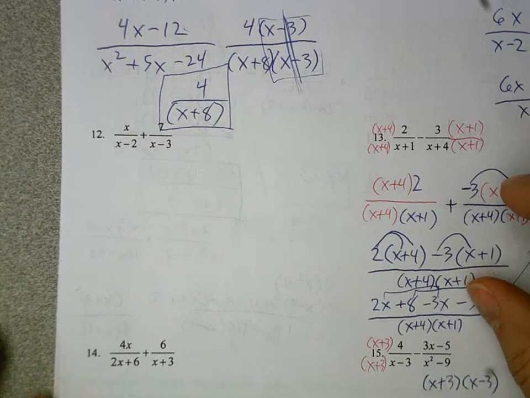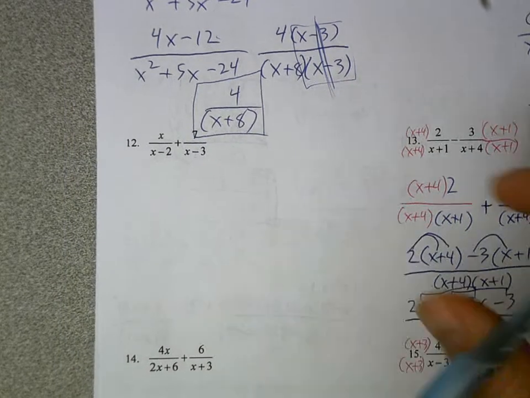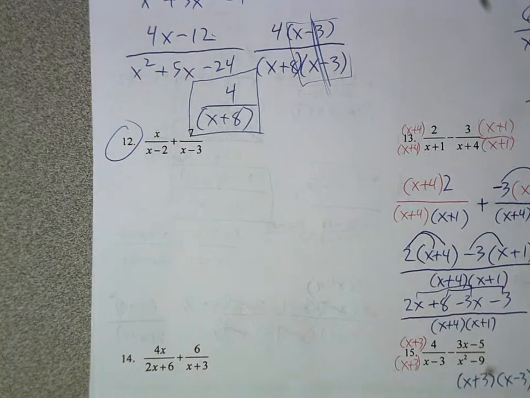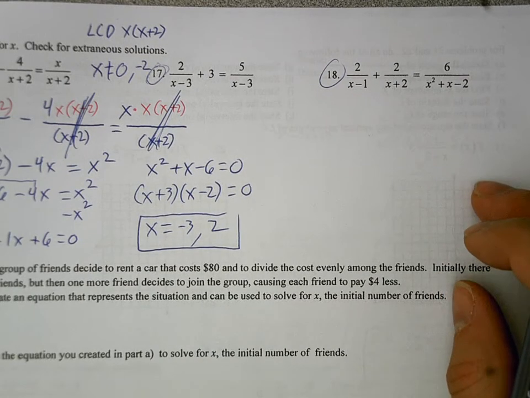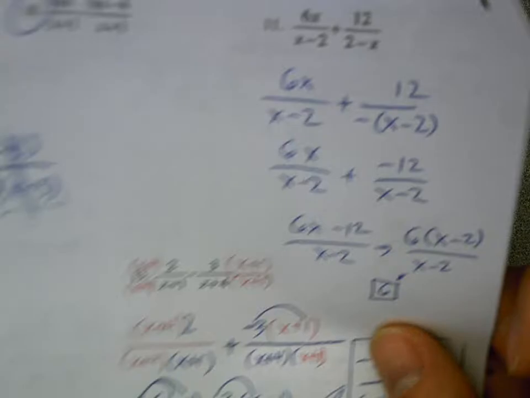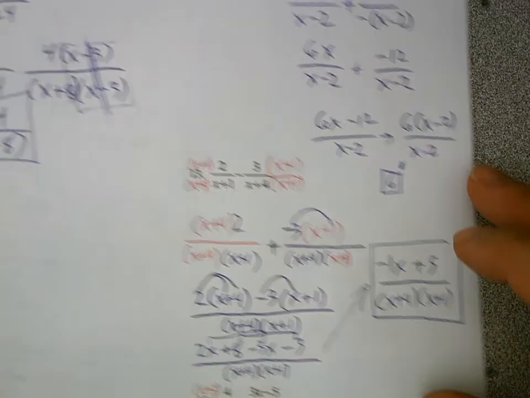That would be nice and easy. 10 and 12. Those would be good ones to try. And then 17 and 18 here. So that gives you what? 6 problems? 1, 2, 3, 4, 5, 6. So try 7 and 8, 10 and 12, 17 and 18.